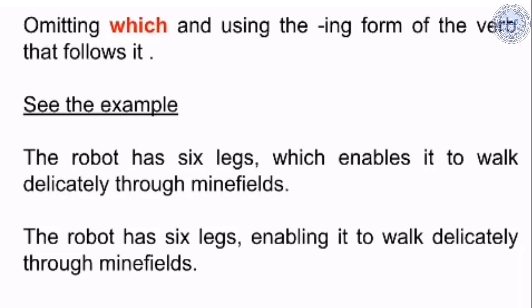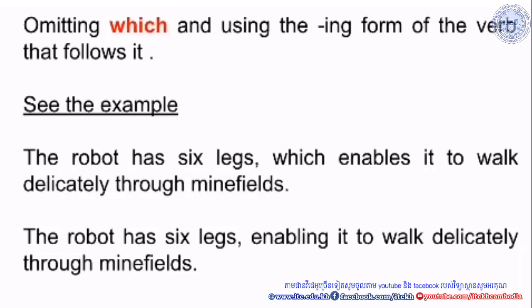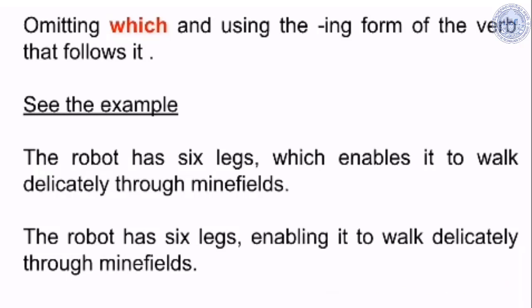So now, if you want to omit which, we omit which and use the ing form of the verb that follows it. Now we have combined the sentences, but if you want to make the sentence very short, you omit which.